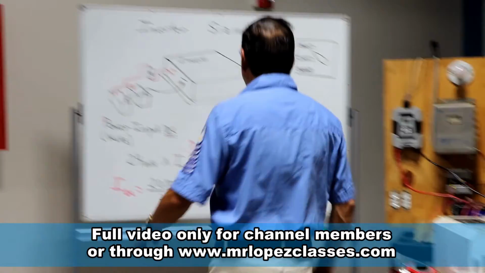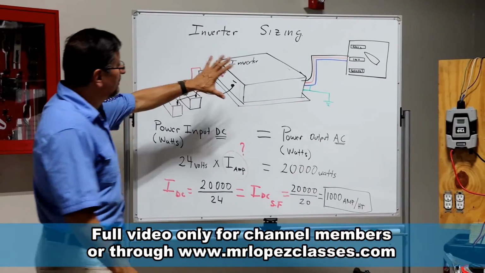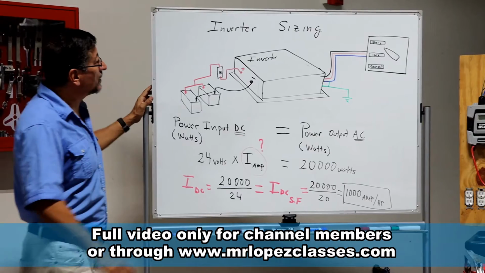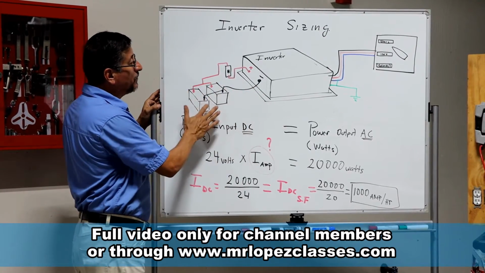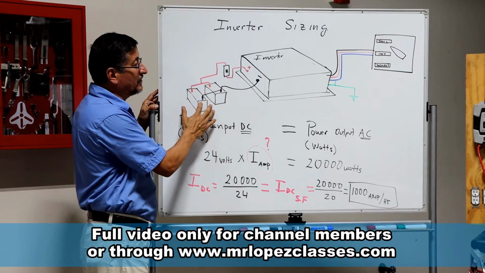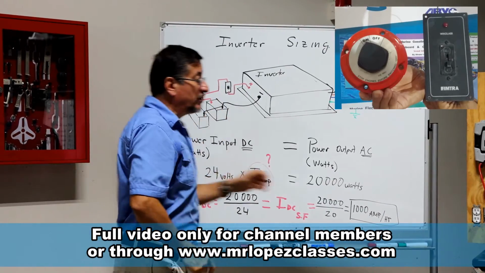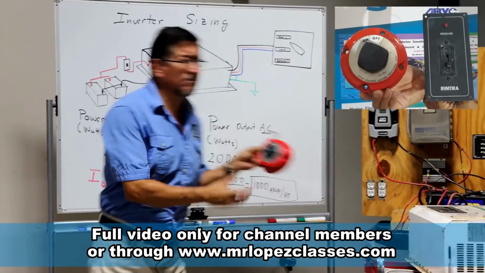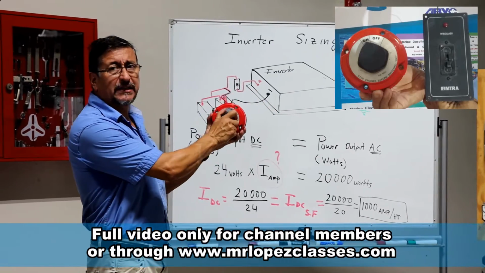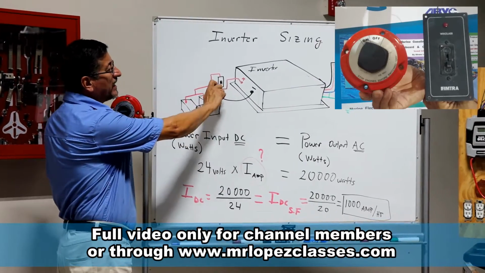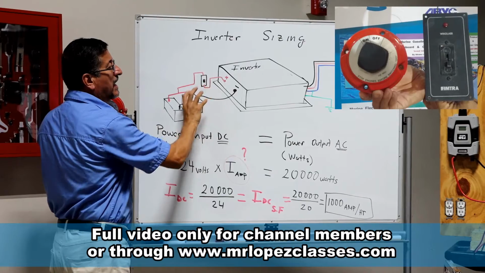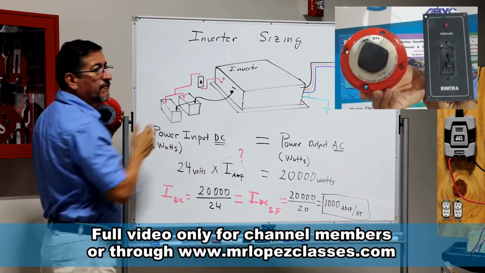Normally, this is the typical connection of the inverter. The inverter at the input receives power from the group of batteries. The group of batteries has a main switch. This is the switch, a typical main breaker or main switch like this, in order to connect and disconnect the input DC power to the inverter.